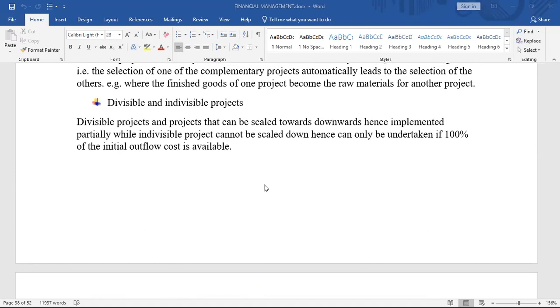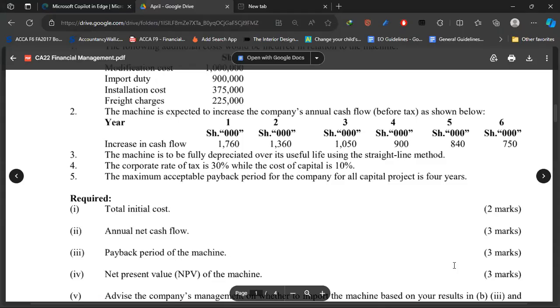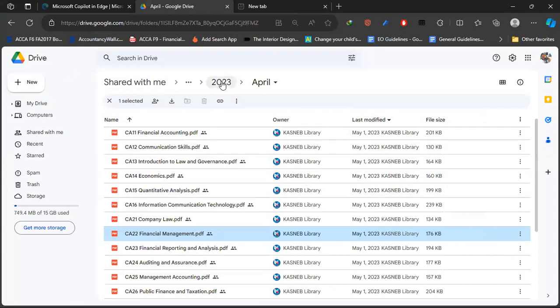So how do we normally work on this? When you are looking at this kind of question, there is a question here. It should be May 2016, question 4D.